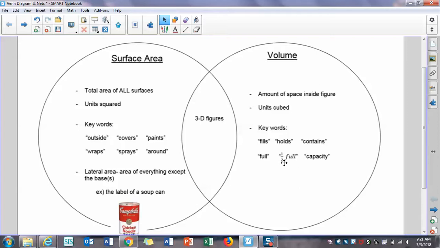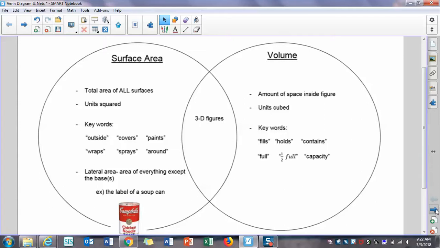It's just asking, if I were to fill it a third of the way or 2/3 of the way, that's still asking for volume, just a certain amount of that space, not the entire thing. Now, both surface area and volume are things that we can determine for 3D figures.